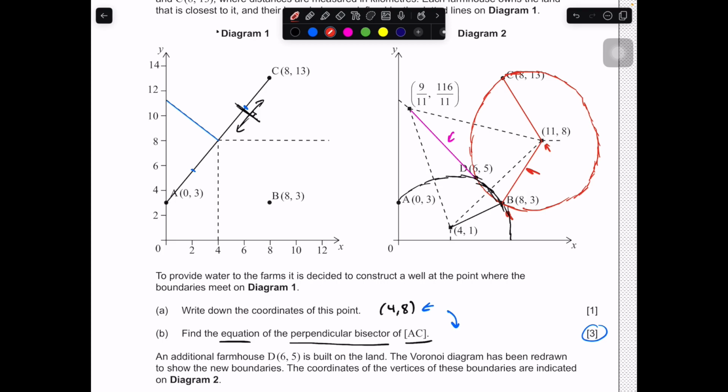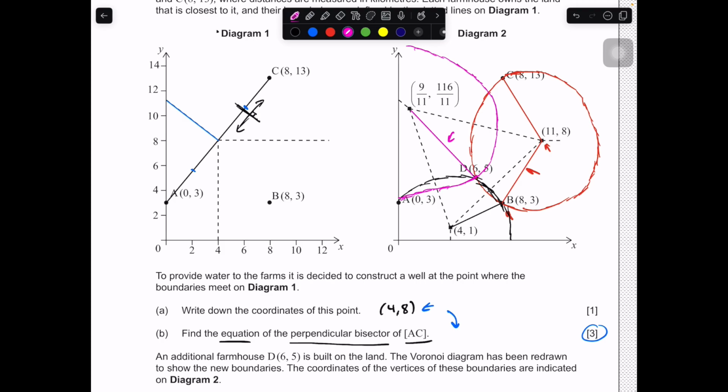The boundary lines themselves will be equidistant.